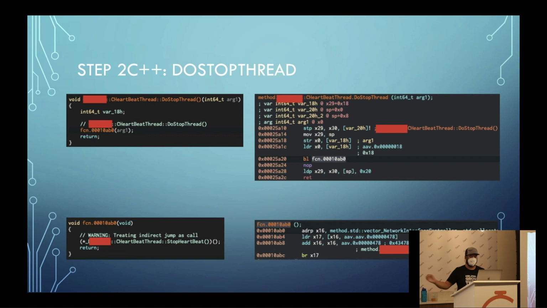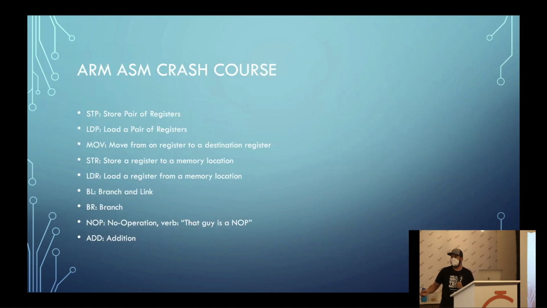This is ARM64, so I'm going to give you a quick crash course in ARM assembler. These are the instructions you're going to see: store pair of registers, load pair of registers, move between two registers, store to a memory location, load from a memory location, branch and link, which is a really interesting one for this example, and branch. Branch and link is when you are going to come back to where you called the function from.